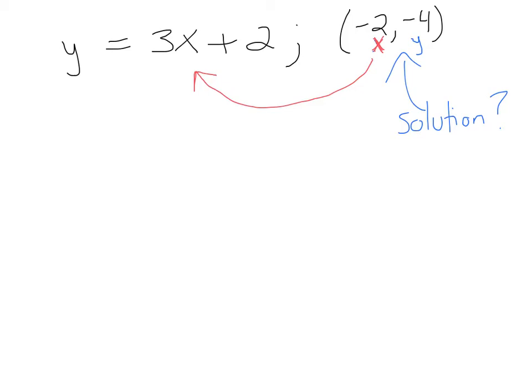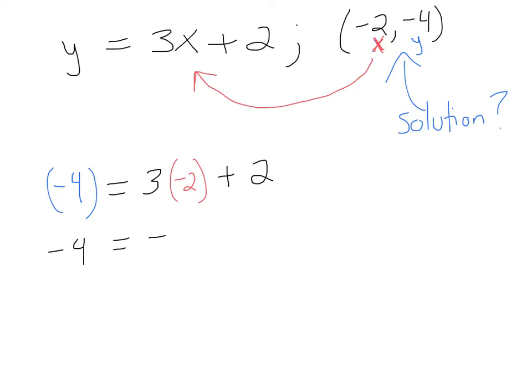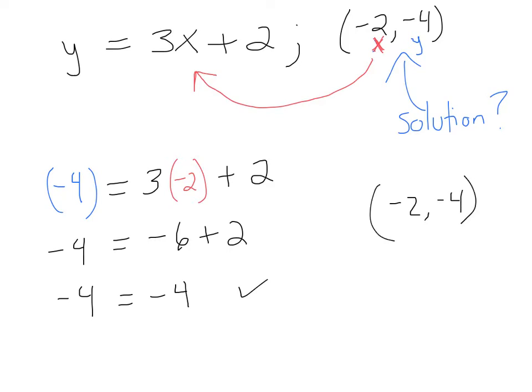Whenever I plug something into an expression, I try to use parentheses so I don't get confused, especially when it comes to the sign. Okay, we have negative 4 equals negative 6 plus 2, and is negative 4 equal to negative 4? Yes, so it looks like the point negative 2, negative 4 satisfies the equation, so it is a solution.